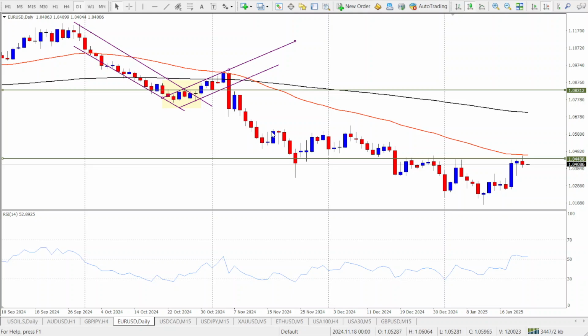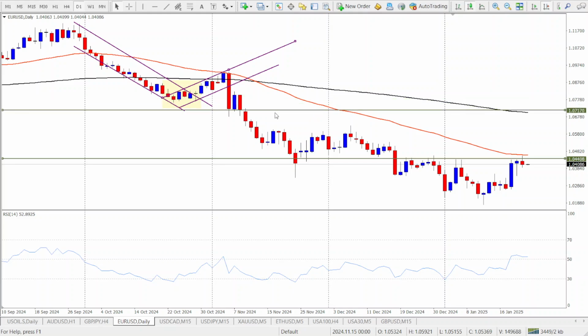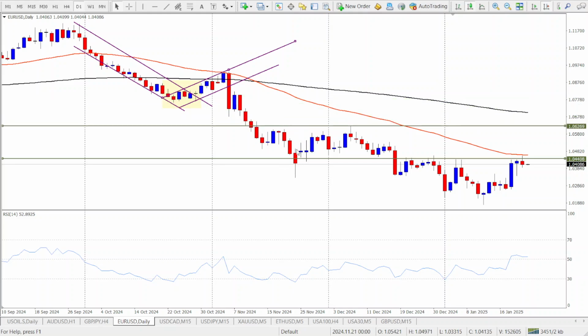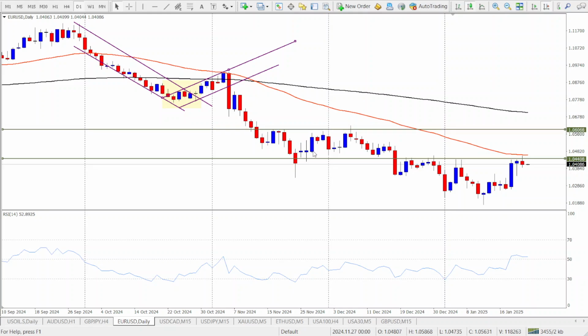And then here again, after another newly formed high, we brought down the stop loss further to this point, until finally the price gets to the level where we set our trailing stop. So eventually, you're going to close your trade in profits.